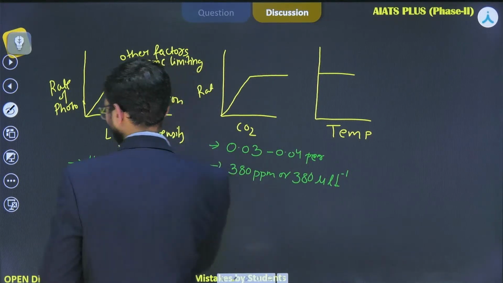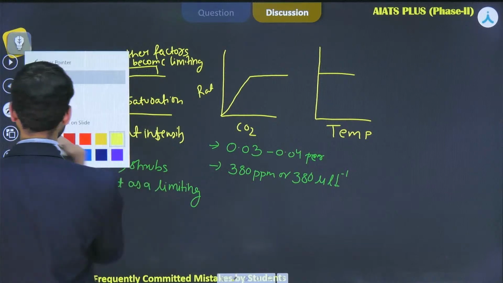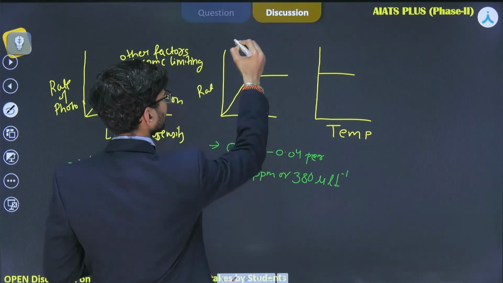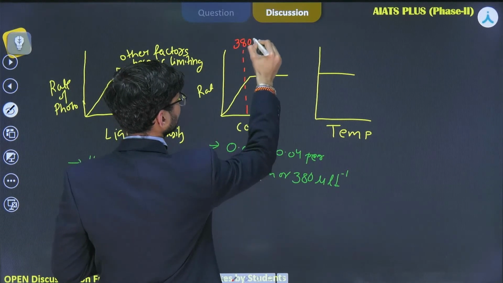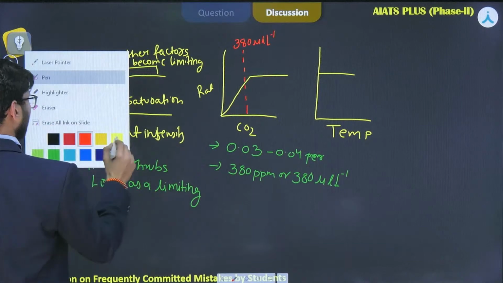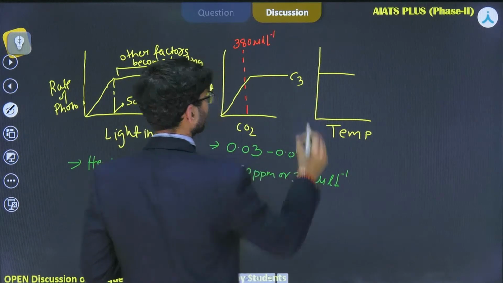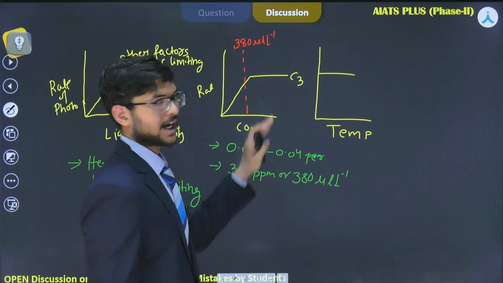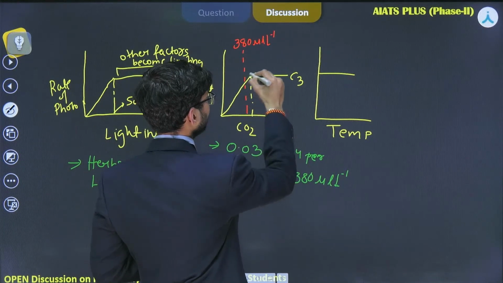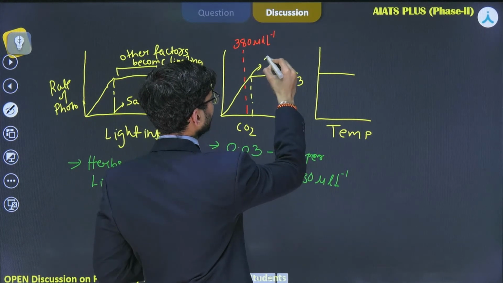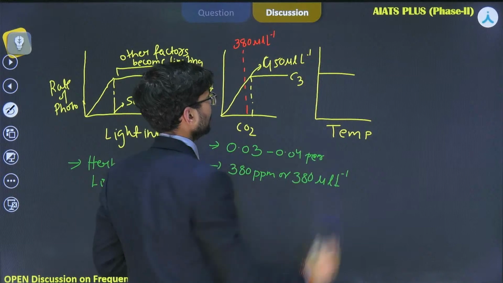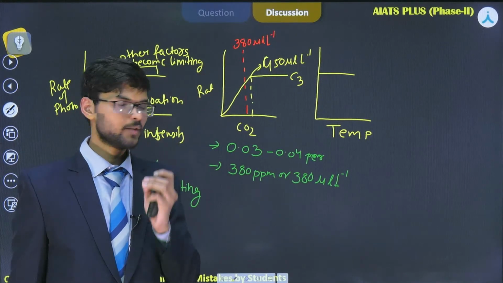This point is beyond the atmospheric concentration, which is around 380 microliter per liter. So in the case of C3 plants, the saturation point exceeds the atmospheric carbon dioxide concentration. The saturation point is about 450 microliter per liter.